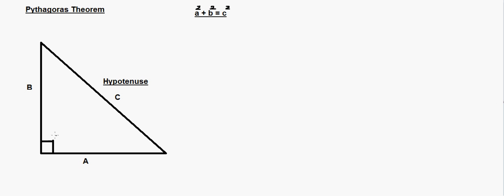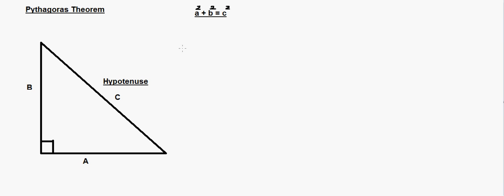The other two sides, I've marked this up as a and this up as b, but it doesn't really matter. This could be a and this could be b, because in the formula you're going to add them anyway. But what's important to remember is that you're squaring them. Okay?